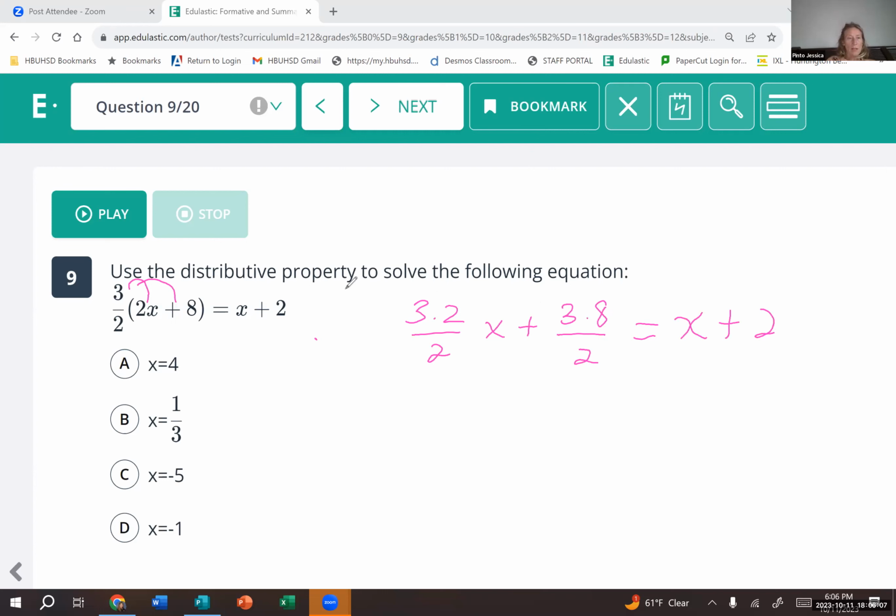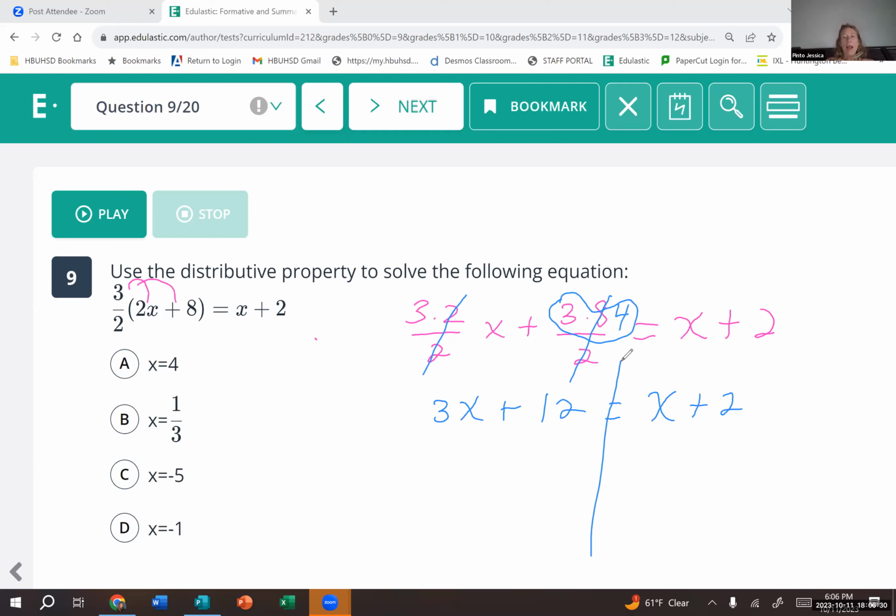So here we're going to see that the 2's will cancel. And then the 8 is going to divide by 2 and make 4. That's going to give me 3x plus 3 times 4, 12, is equal to x plus 2.